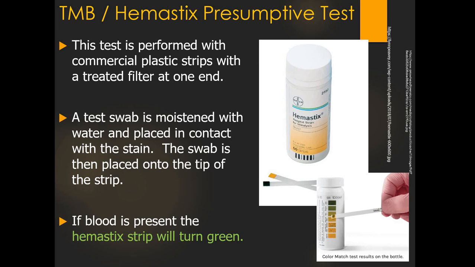Basically though, if the hemostat turns green, then you've got blood. If it stays yellow, you probably don't. Very easy. And this one says it's for urinalysis. It's just testing for blood in the urine, but it does the same thing for blood in contact with anything else.